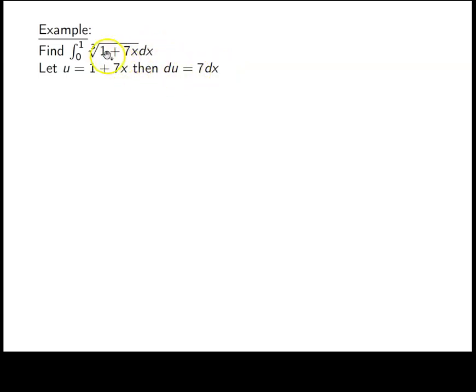This is going to be the cube root of u, but what I don't have is an extra 7 on the outside. So that tells me that 1 du is 7 dx's. So I'll divide both sides by 7, because I don't need 1 du to be 7 dx's.